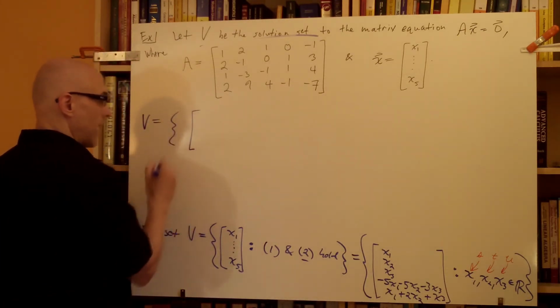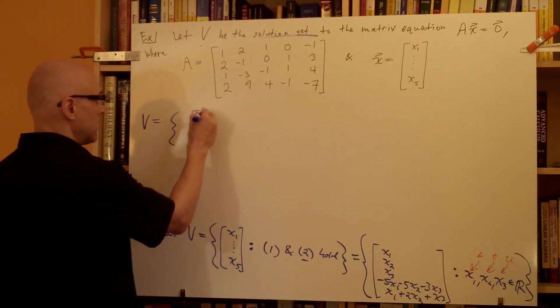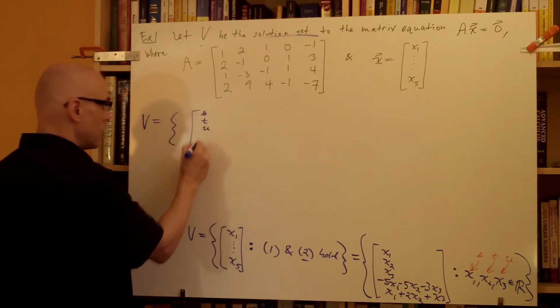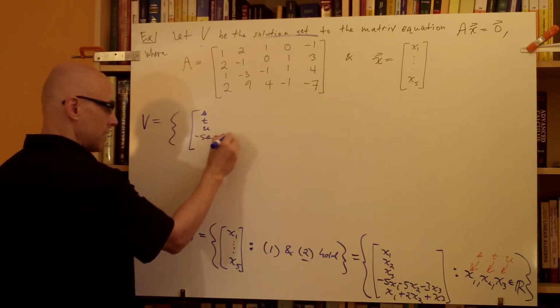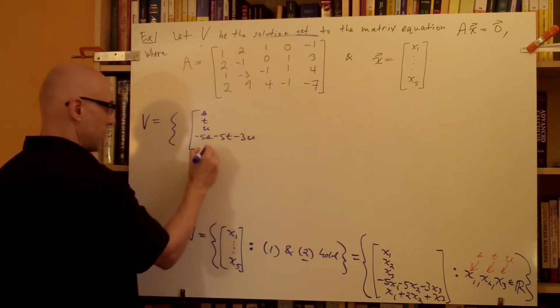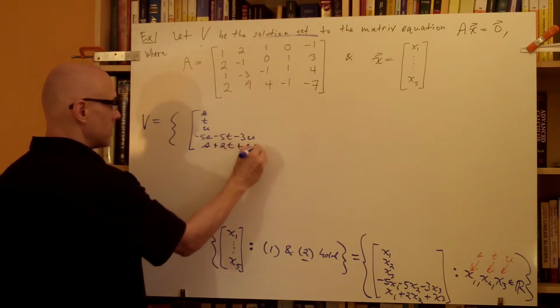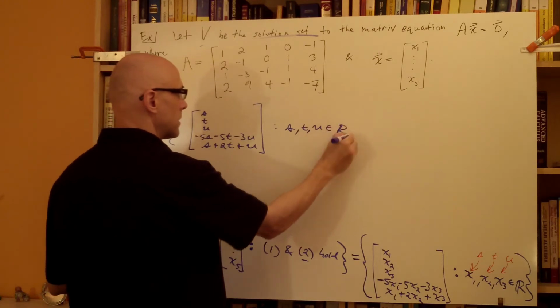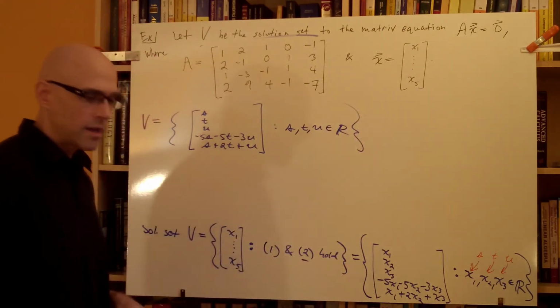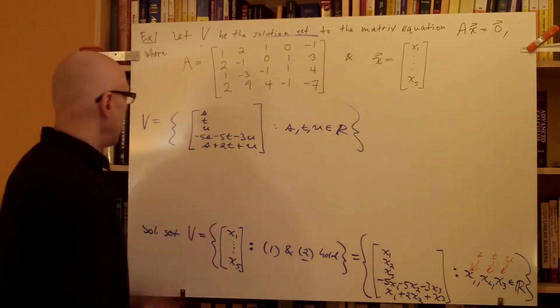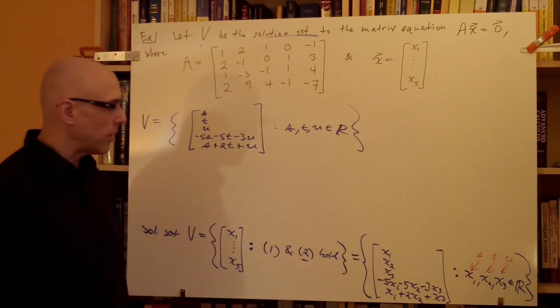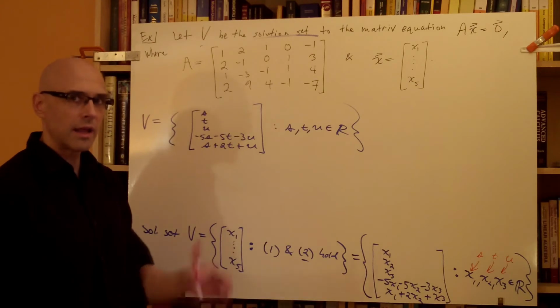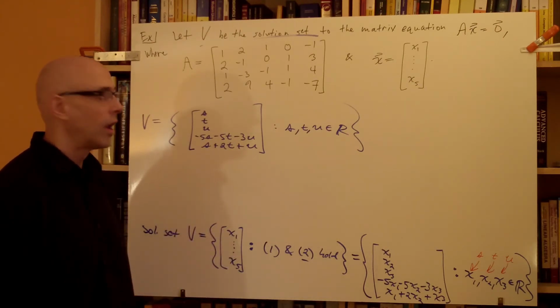So we can write this now as S, T, U, minus 5S minus 5T minus 3U, and then here S plus 2T plus U. S, T and U are elements of the reals. I suppose the reason why I'm doing it is because textbooks do. And all we're doing is just relabeling x1 and x2 and x3 using slightly less wordy and clunky symbols.